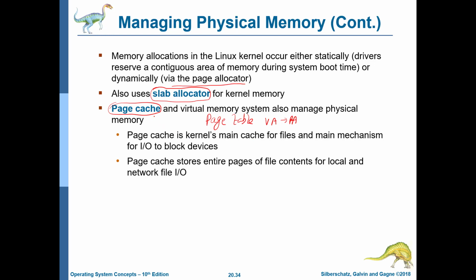So the page cache also has to be in physical memory, unvirtualized. And the same holds true for the page table. The page cache in this case would store the file contents for local devices or network file IO.